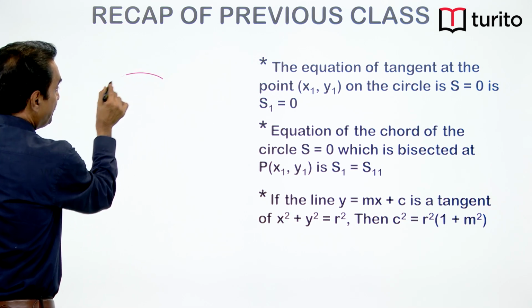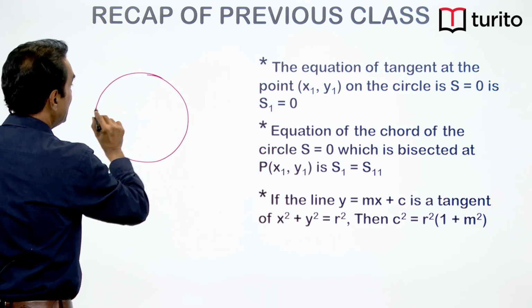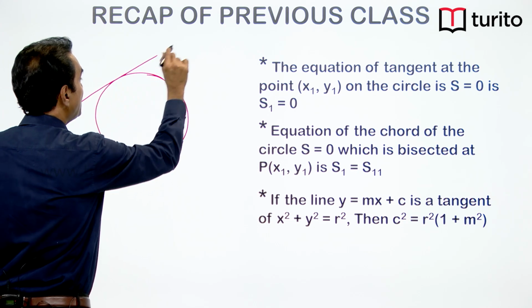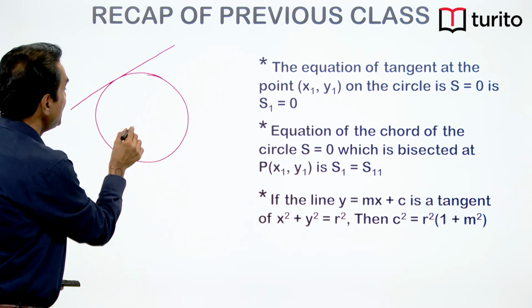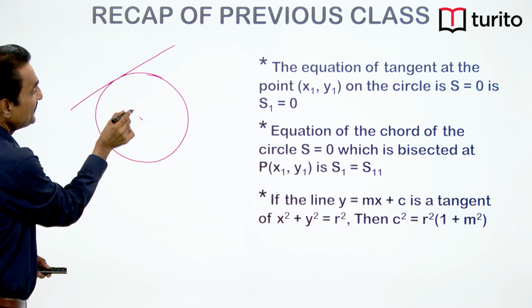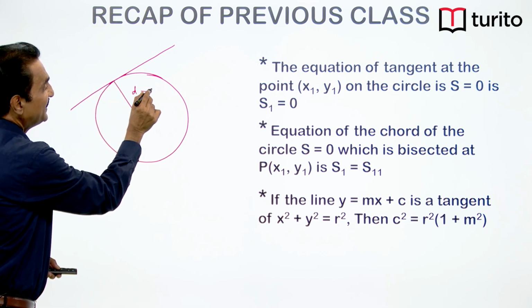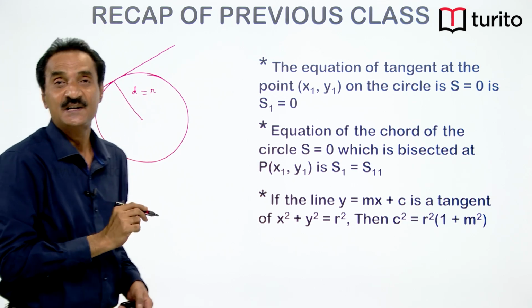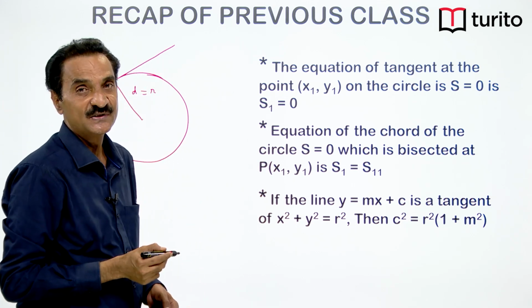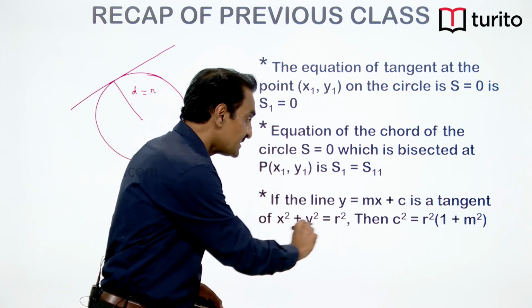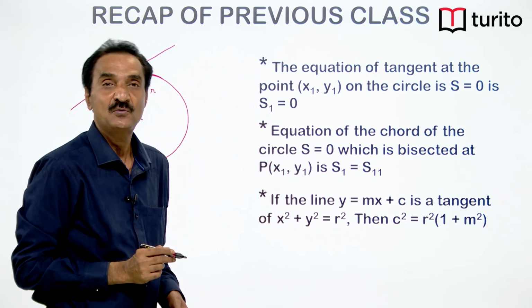If we take a circle, if a line is a tangent, what is the condition? The perpendicular distance from the center of the circle to the line should be equal to the radius. Then using that condition, you will get c square is equal to r square into (1 plus m square).